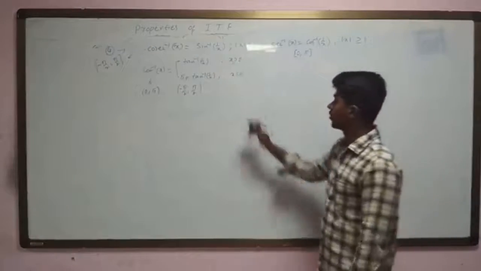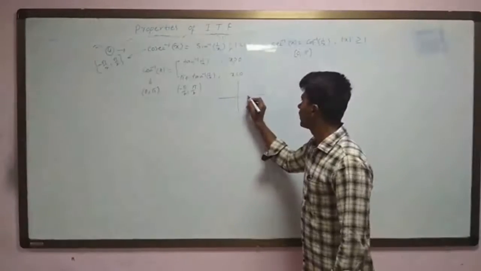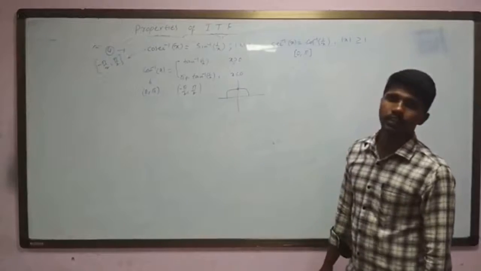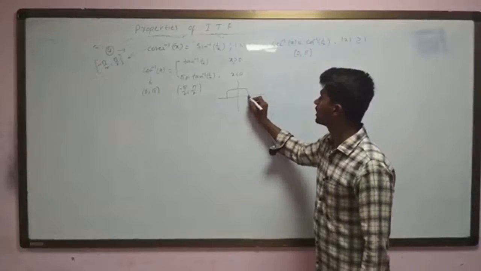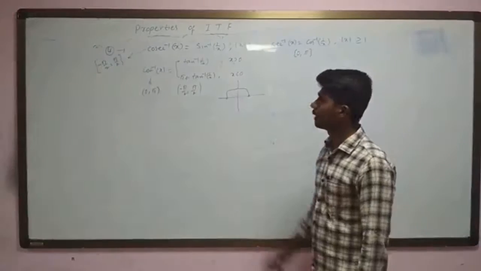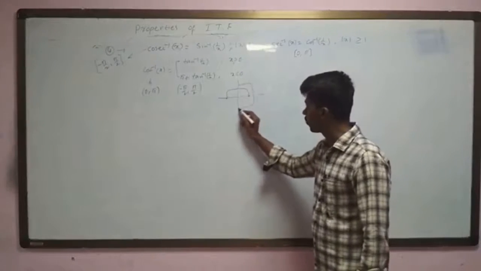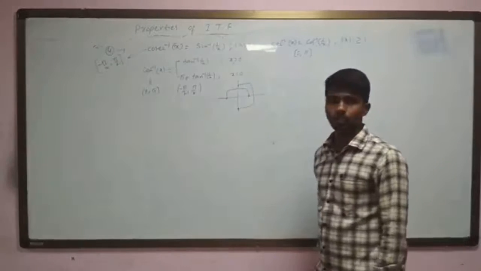Let's take a quadrant table. See, cot inverse is defined between the first quadrant and second quadrant, and we cannot consider 0 and pi by 2. Tan inverse is defined between the first quadrant and fourth quadrant, whereas pi by 2 and minus pi by 2 are excluded.